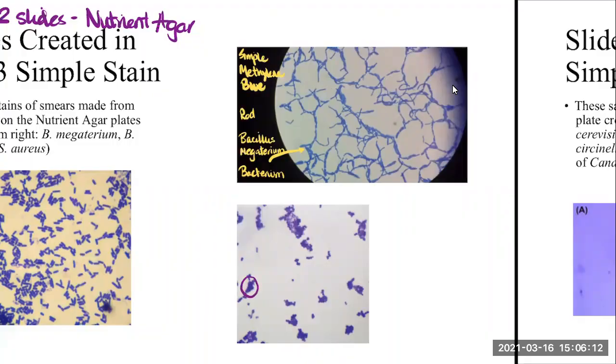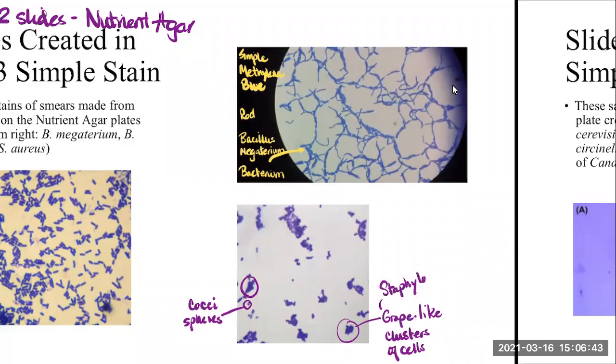Down here, we can see that we have cocci. We can see individual cells, and these are spheres. Since they're spheres, we know that these are cocci. And they aggregate in grape-like clusters. That is typically going to be a staphylococcus.